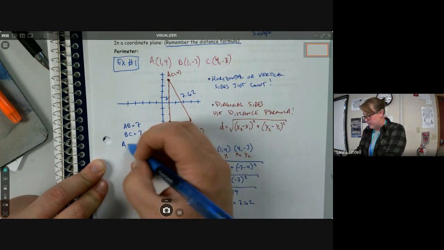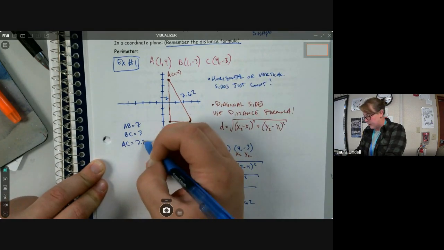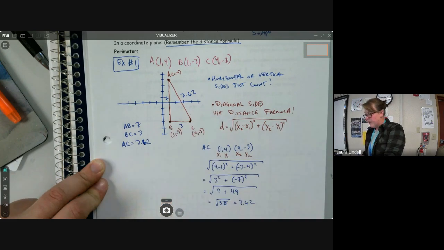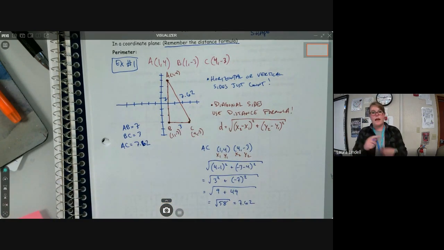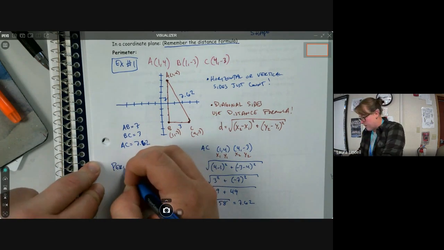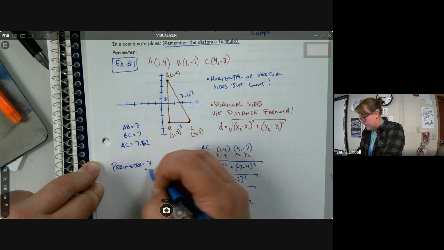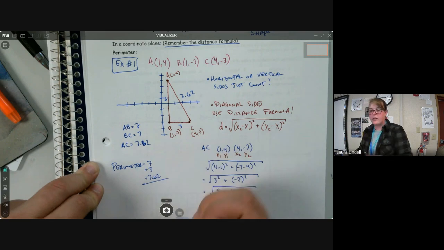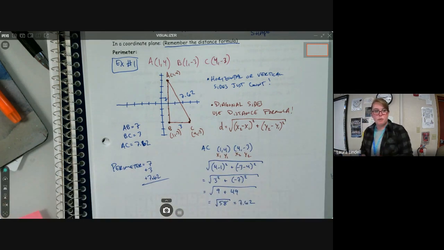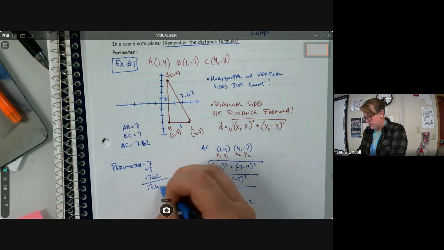So AC is 7.62. Our last step is to add all of them together. So perimeter, 7 plus 3 plus 7.62. You can use a calculator if you want to add them, but we should get 17.62.